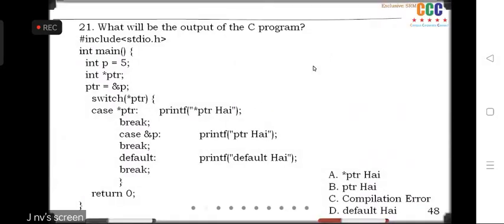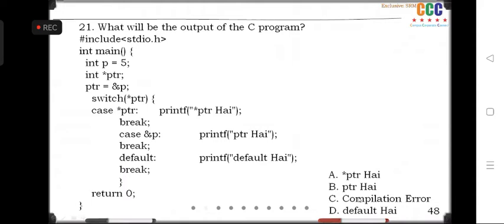Mohit is saying C. Okay, Svikriti: C, compilation error. Sai Harsha: either A or C. No, I have already given 4 choices. You have to choose one only, not 2 or 3. But it should be A. It should be A. Okay.